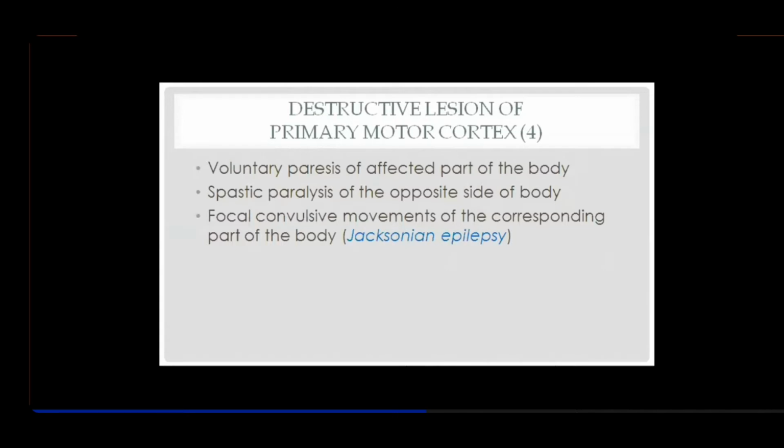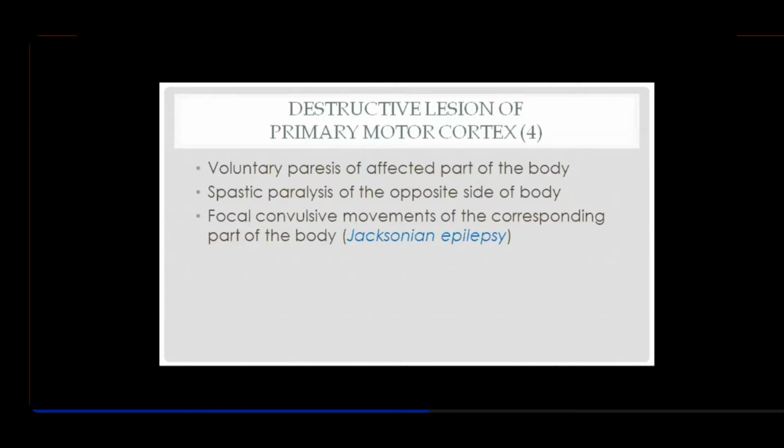Now, if the lesion continues further down and reaches the projection fibers, because corticonuclear, corticobulbar and corticospinal tracts arise from area number 4, and it causes a lesion to a small group of fibers at the internal capsule or at the medullary centers, that is called a focal irritative lesion.